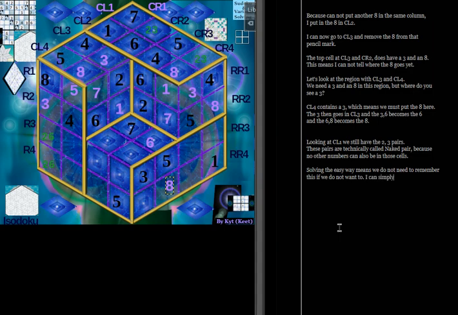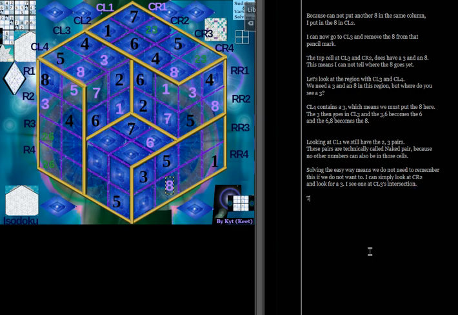I can simply look at column right 2 and look for a 3. I see one at column left 3's intersection.